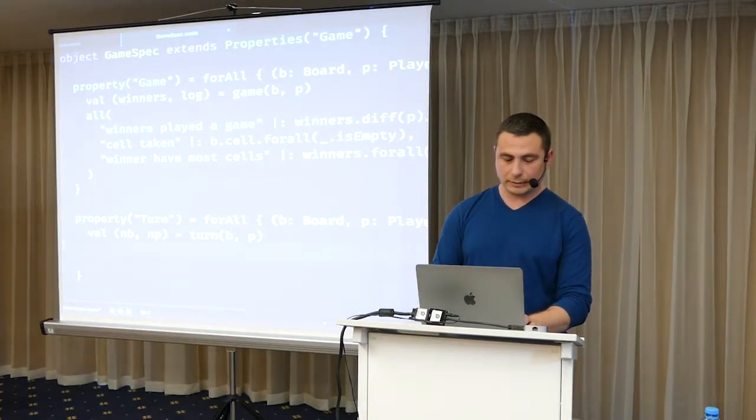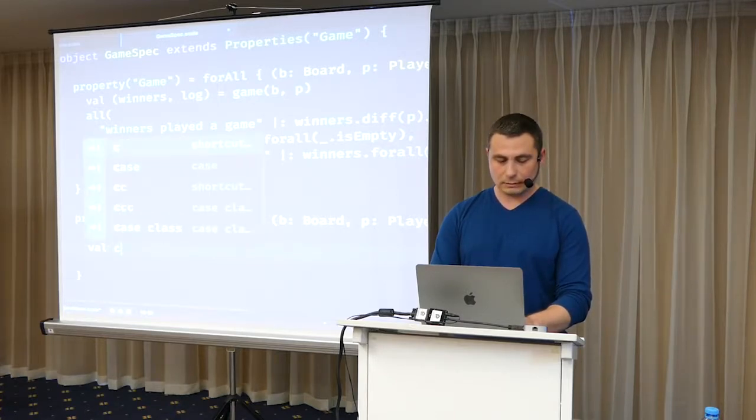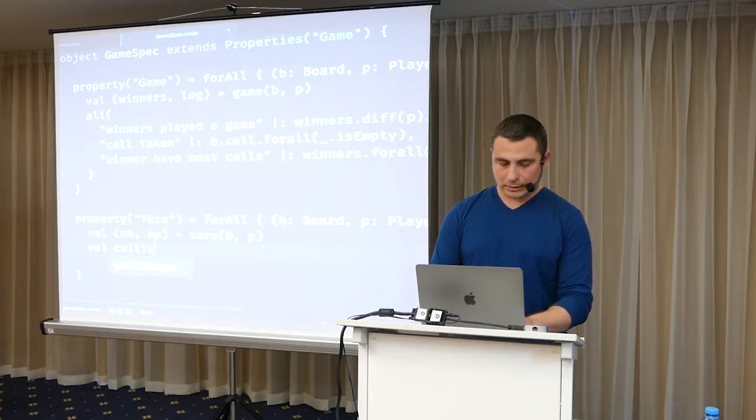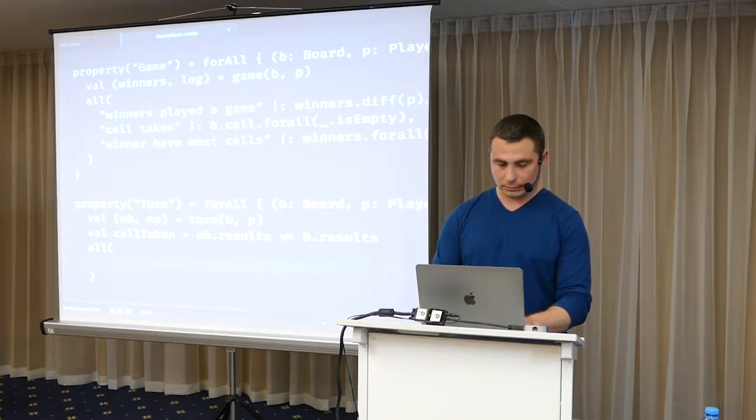And what do we expect? We expect that, let's say, if the player has taken the cell, that means that the new board results are not equal to the results of the old board. And in this case, we say, okay, we want to have all of those properties to be true.